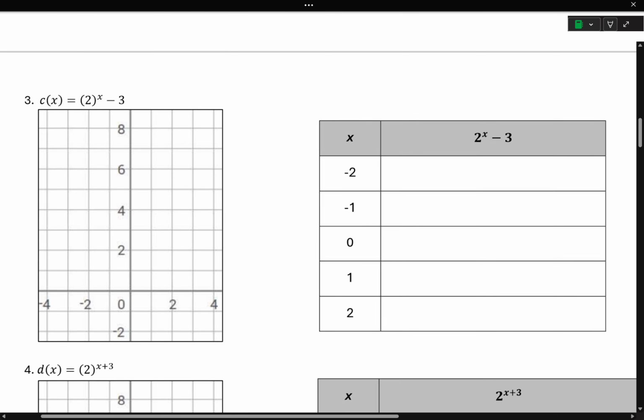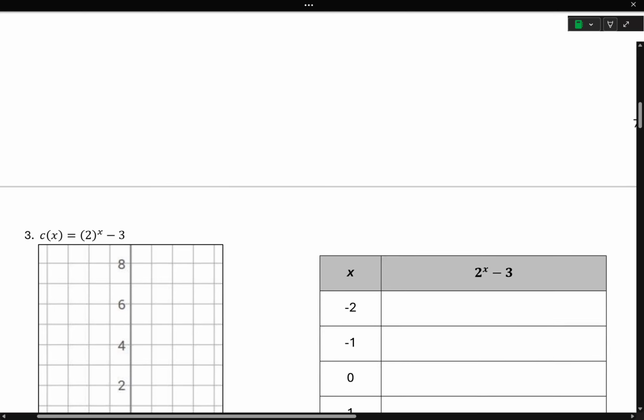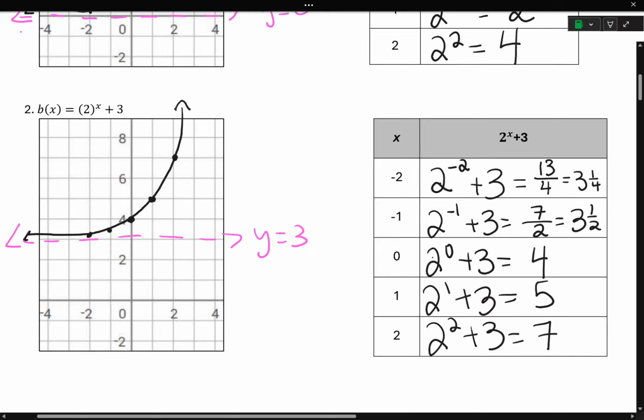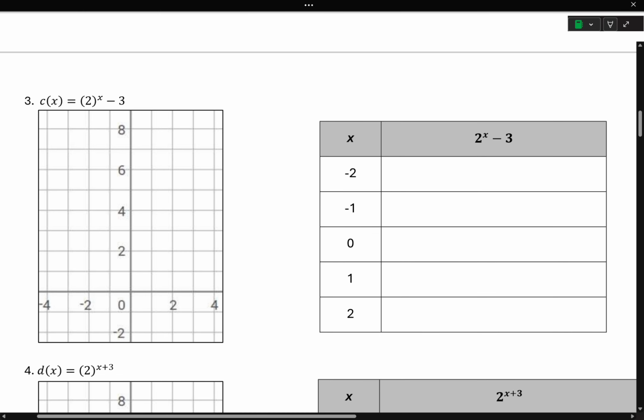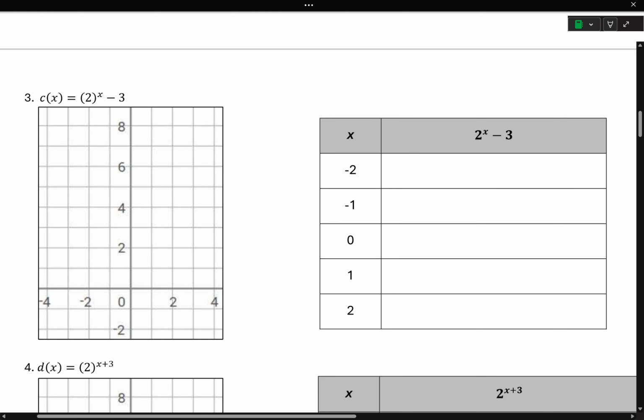Letter 3. Number 3. Same idea. Now we have a -3 on the outside. Make an inference in your head. If +3 moved our graph up, what do you think -3 does? Okay, but here's the calculator part. Make sure you're subtracting 3 on the outside. Okay. So this is going to be 1/4 - 3.